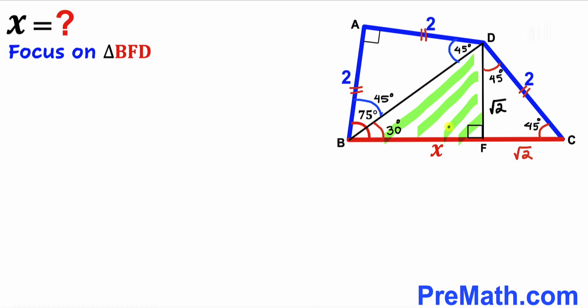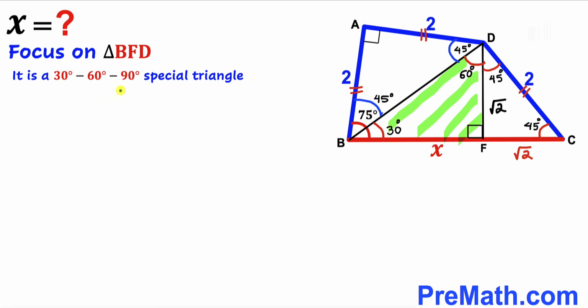And now we are going to focus on this triangle BFD. We know this angle is a 30 degree angle, this is a 90 degree angle, so therefore this angle has got to be a 60 degree angle. So therefore we can see that this triangle BFD is a special 30, 60, 90 triangle. And now let's make an observation. We can see 30 degrees is our smallest angle, whereas 90 degrees is our largest angle.